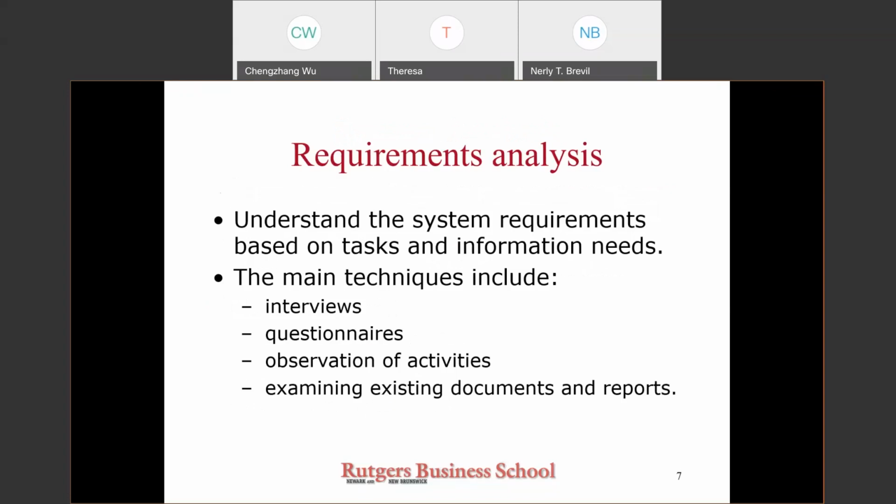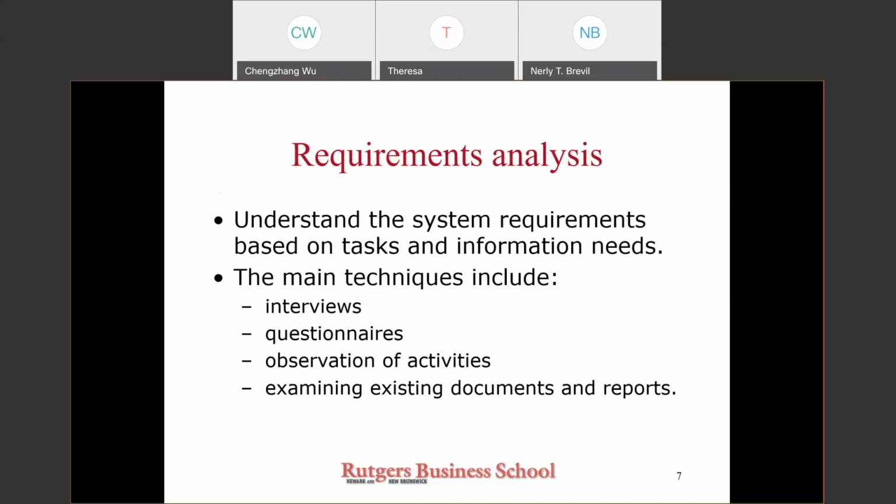First, requirement analysis. Probably it is the most critical step in system analysis. Systems analysis employs a number of techniques to understand system requirements and elicit specifications from users.